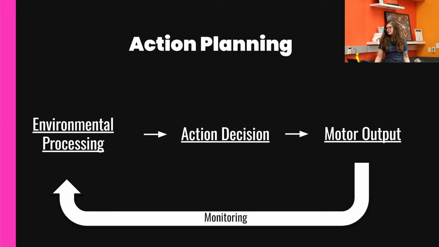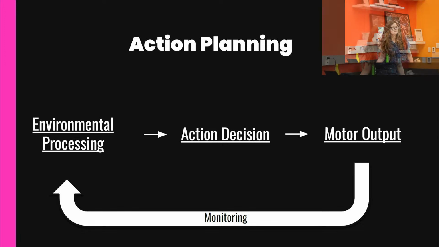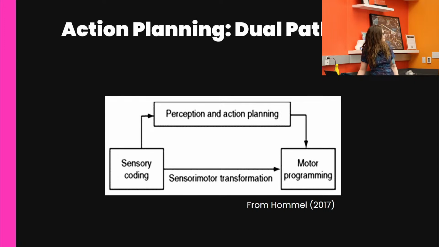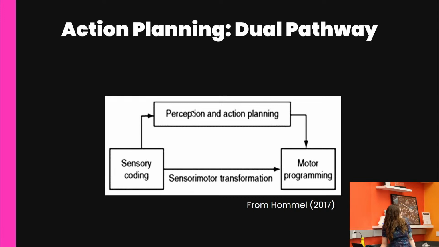And so this action planning makes more sense with this context, but you can also see it in a slightly different way. And this is part of where my research or background comes in again. We have sensory coding that results in the perception and action planning, and then the motor programming that happens.